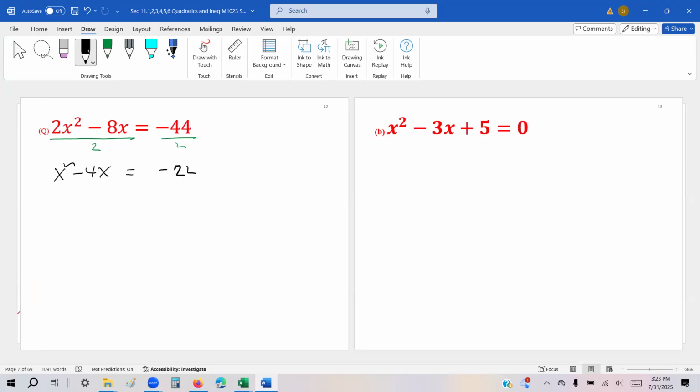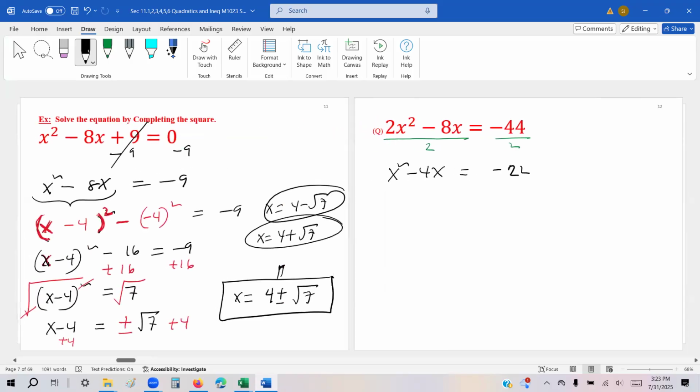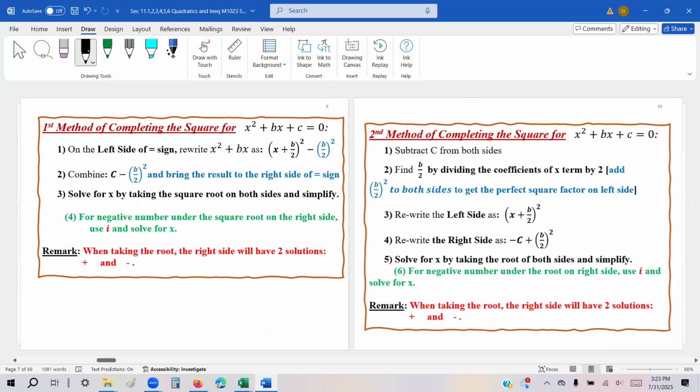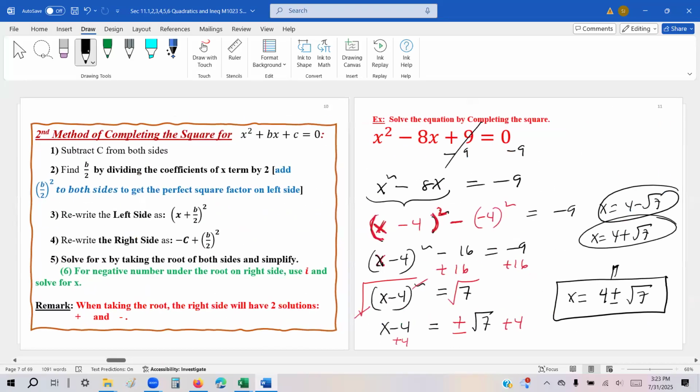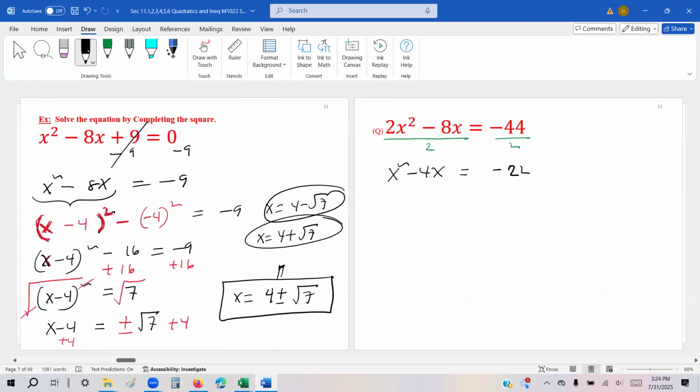Question on the previous one that you did. When you divided 8 by 2 for x minus 4, why did you add the minus 4? It should be positive 4, right? No, because it's always half of b. What is your b? Negative 8.